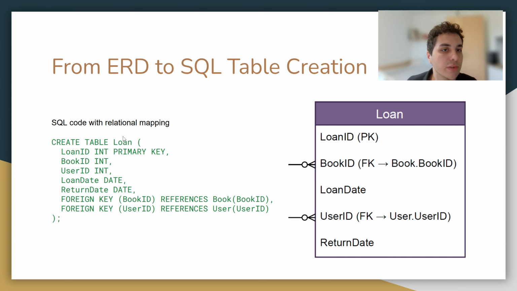And if you can see here in our create table loan SQL statement, we have loan ID as primary key, as I mentioned here. We have book ID. We have user ID. We have loan date. We have return date. And as foreign keys, we have book ID, which references the book's book ID, and user ID, which references the user's user ID.